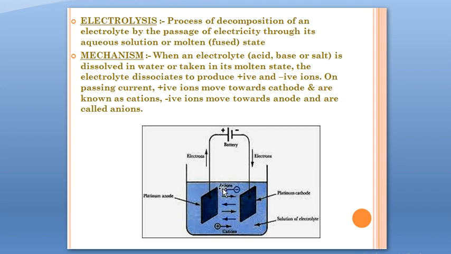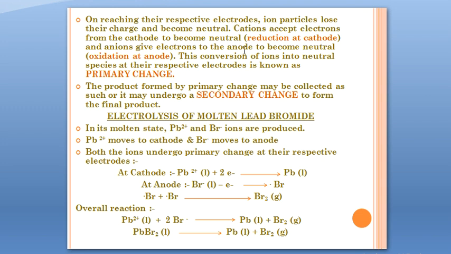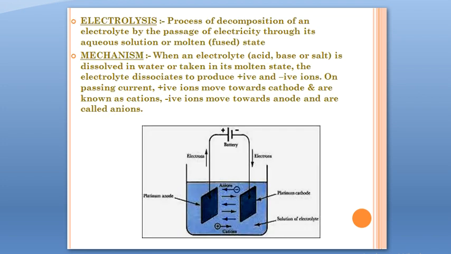What happens at these electrodes is important, right? Now this happens. Once they reach their respective electrodes, these ions lose their charge. In the solution, after decomposition, they were cations and anions, positively charged and negative. But at these electrodes, they will lose their charge and they turn into neutral atoms, into neutral species. How?